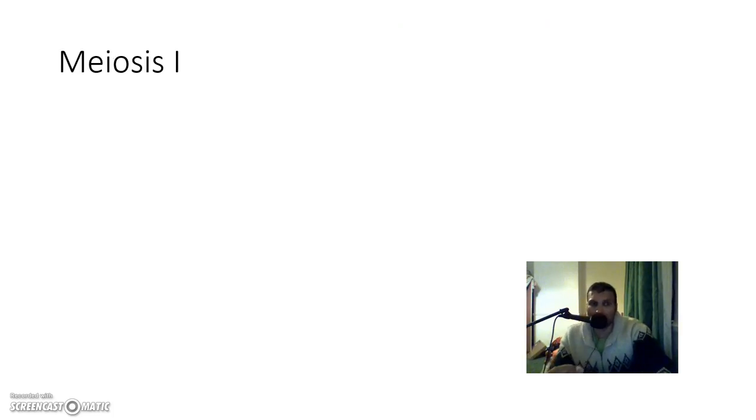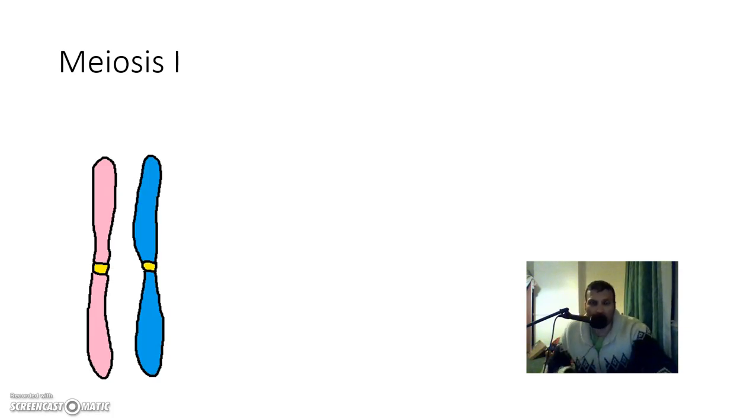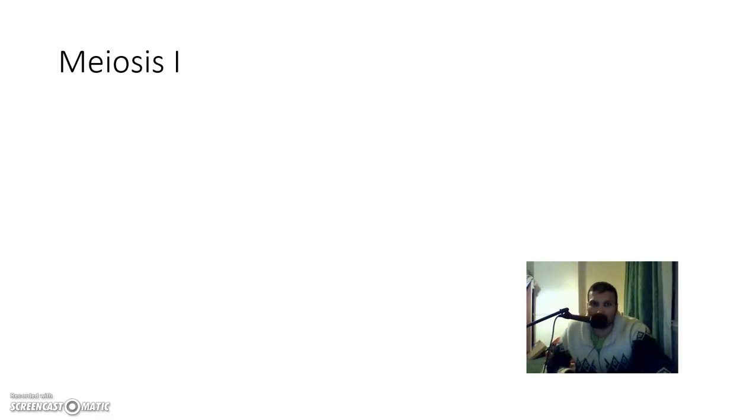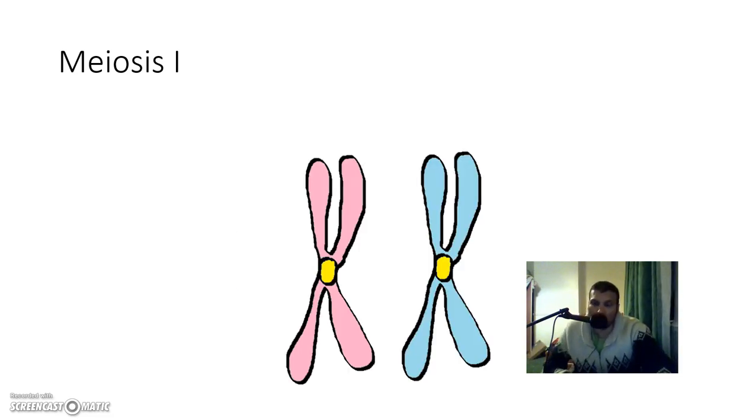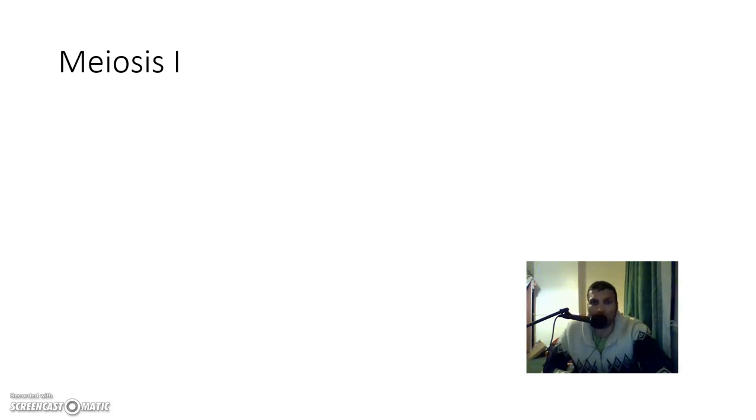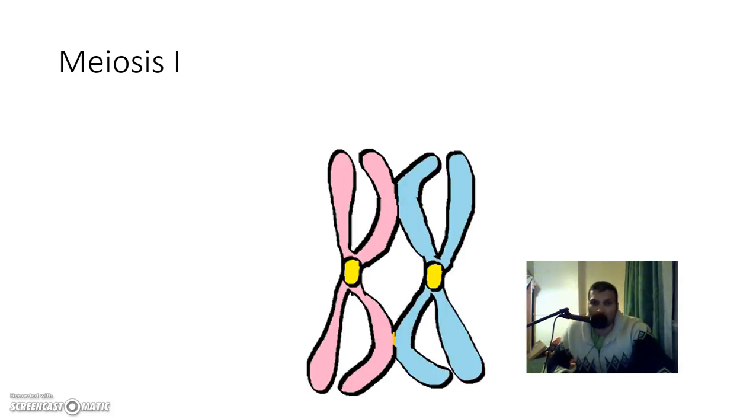So in meiosis there's a difference. There are two rounds, meiosis 1 and meiosis 2. In meiosis 1 you have the two sets of chromosomes, one from the father and one from the mother, and there is duplication. After duplication, you have the sister chromatids, and there is a crossover.